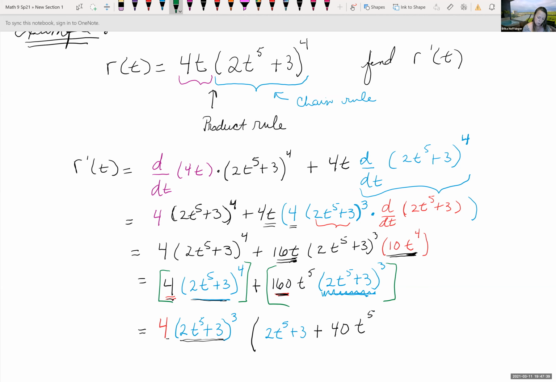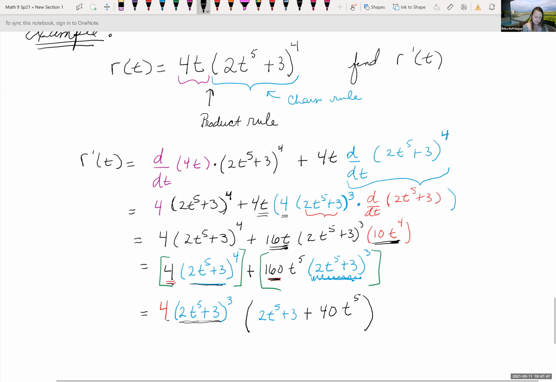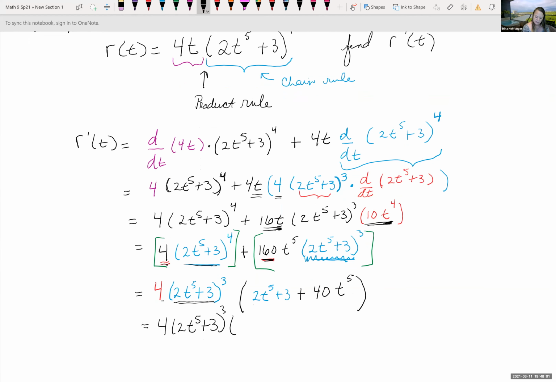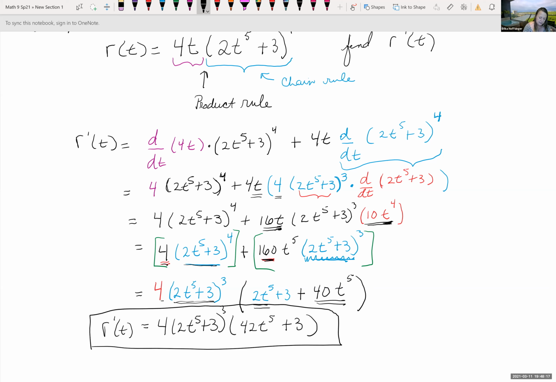I can think of it as a 1 left. Inside that second parentheses, we can combine like terms. So we have 2t to the fifth plus 3 quantity cubed, all times 2t to the fifth plus 40t to the fifth, which is 42t to the fifth, and then plus that 3. So we just found the derivative using the product and chain rule.